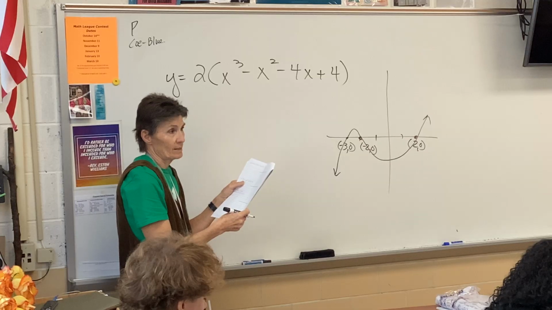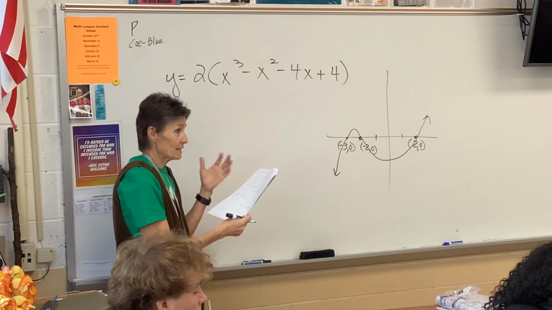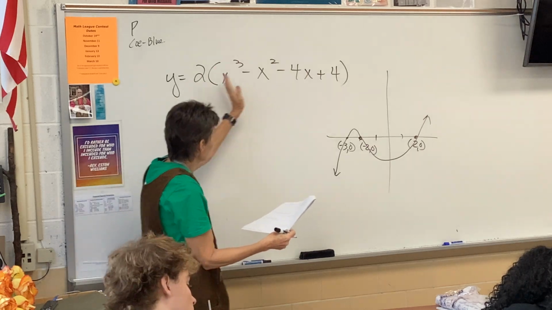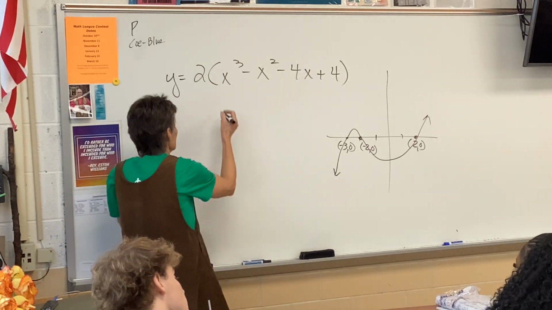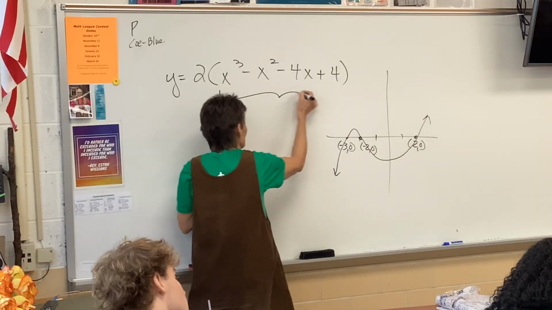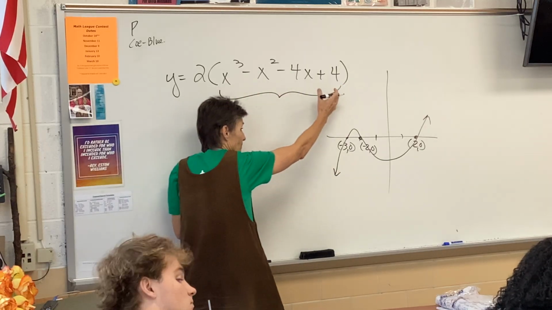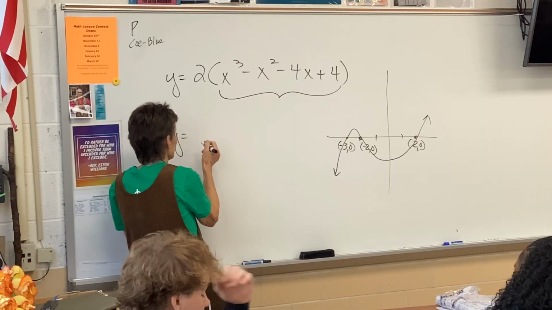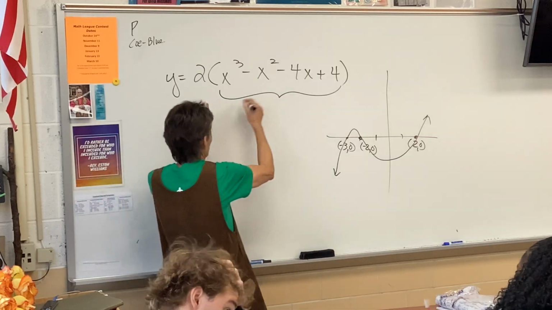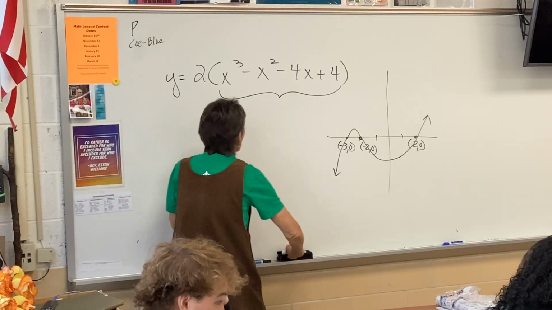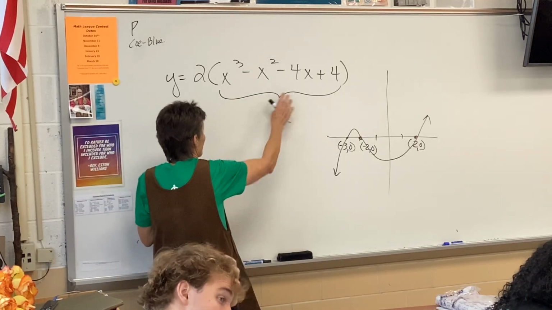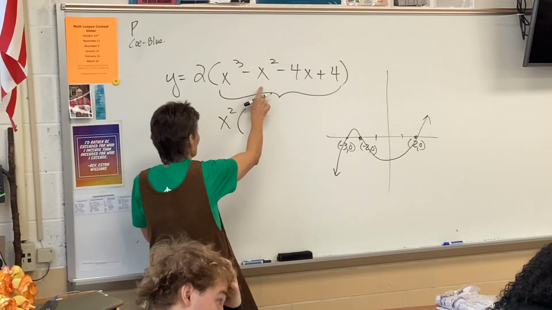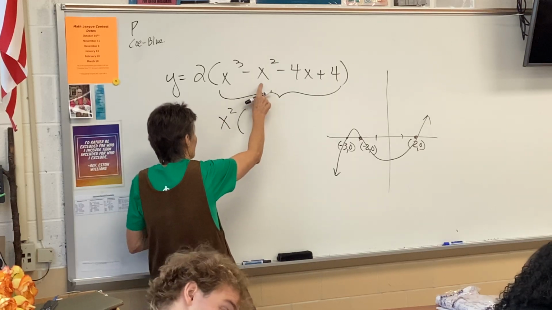I don't want that 2 in there. But it is part of the problem, so I have to keep it, but I'm gonna separate it from all of this. Now, can I factor this? Yeah. Yep, I can factor that. How would I factor this? Take out an x squared, and that will leave me with what if I take out an x squared?